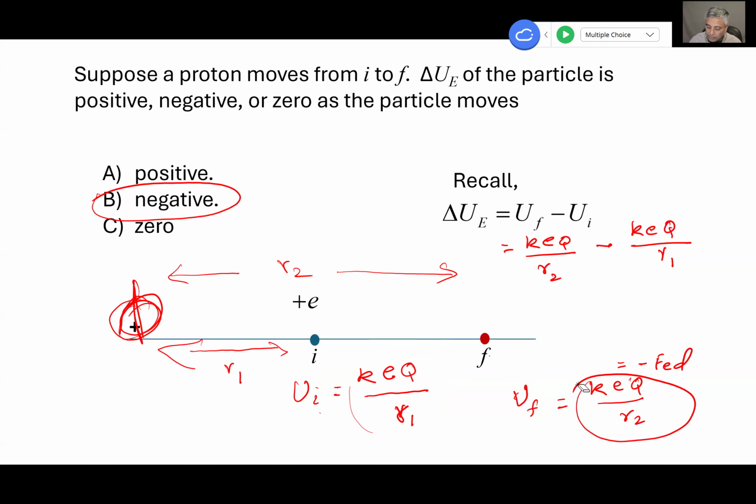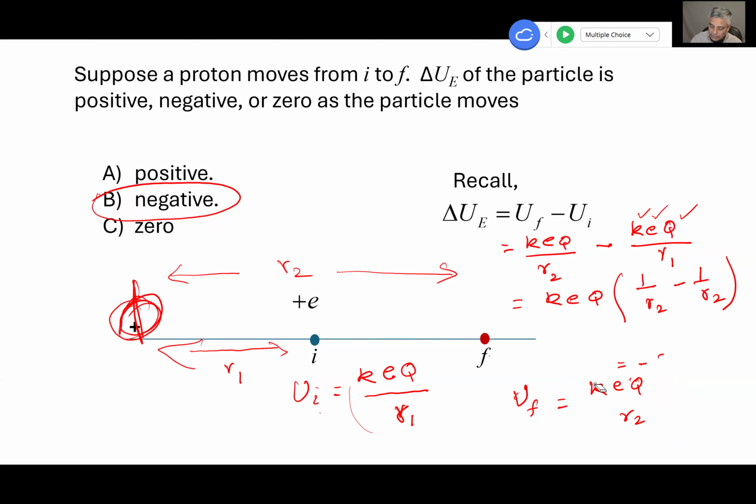See that? So now you can tell which number is bigger here. e is the same, Q is the same, K is the same, so maybe we can just factor this out to see it clearly. One is R1, another one is R2.